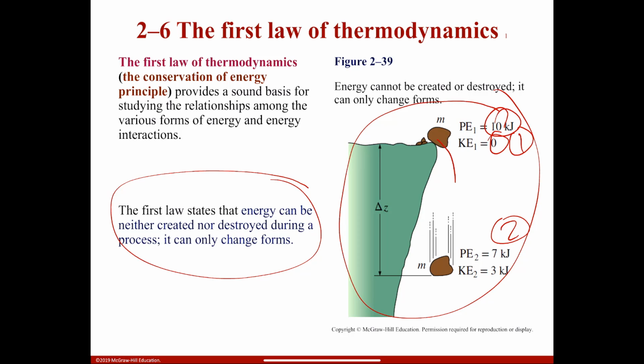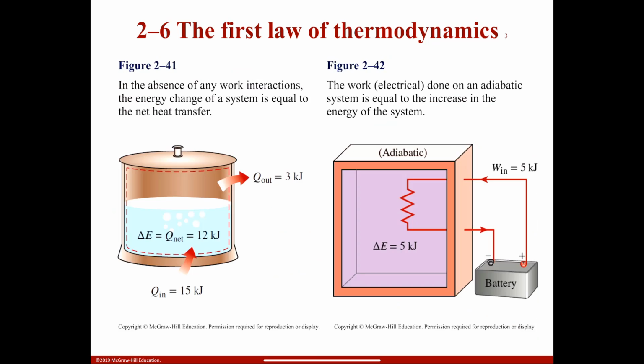As soon as the rock goes down the hill, you're going to have potential energy equal to 7 kilojoules, and then kinetic energy equal to 10 kilojoules. But at the end, you're going to have the same 10 kilojoules. So the energy only changes forms, from potential to kinetic or from kinetic to potential. And you're going to see all these interactions as you move into the book.